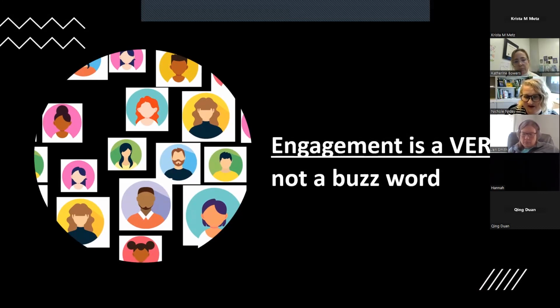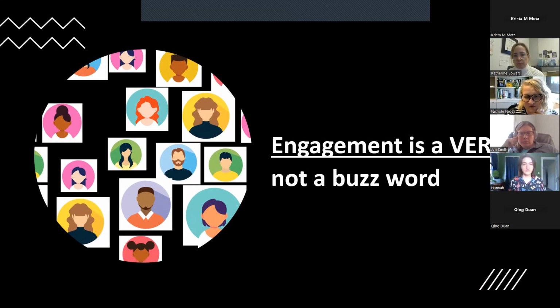And right now it kind of sounds buzzwordy, but it's really not a buzzword. As we have more calls in research to include patients and community in our work, we have to be really careful and ensure that we're including them for the right reasons and we're doing it well and trying to build up the trust that we have a lot of work to do with our communities.